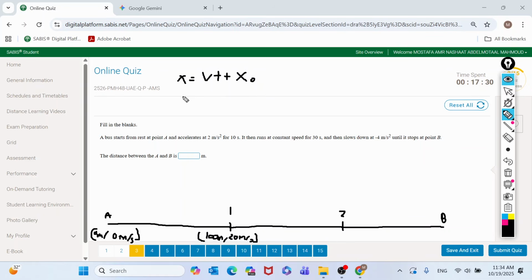So x equals 20, v for phase 2, equals 20 times 30, because 30 seconds, plus x0 is 100, because here we were talking about the second phase. So at the start of the second phase, it's 100 plus 100. So 20 times 30 is 600 plus 100, so equals 700.